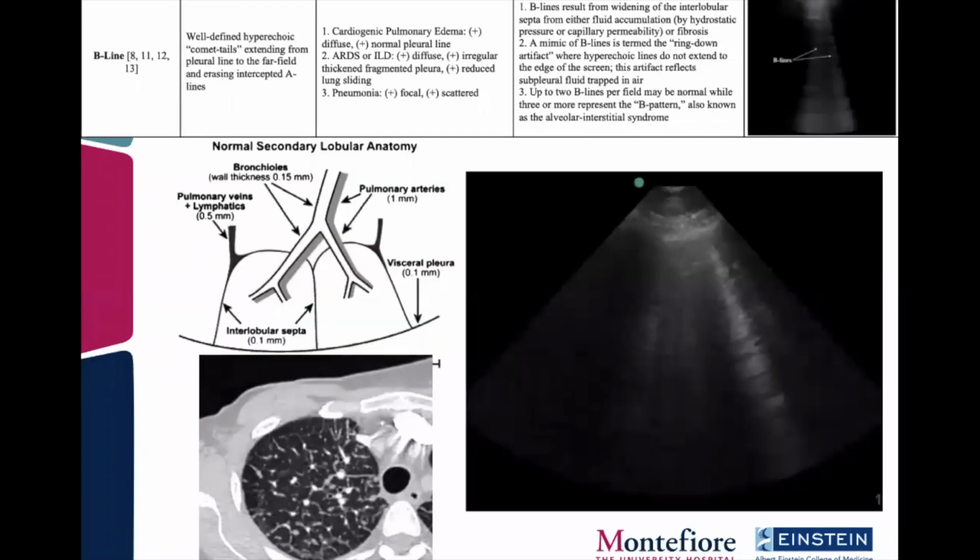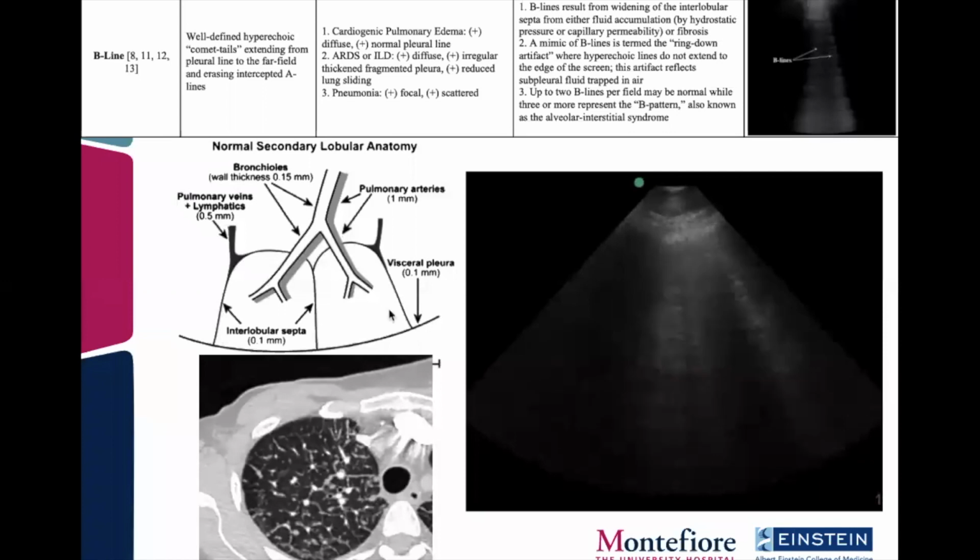The next foundational sonographic sign is the B line. Here we see a CAT scan and a drawing of anatomy, and beneath the visceral pleura are these secondary pulmonary lobules, which are separated by interlobular septa, which are also connected to the visceral pleura.